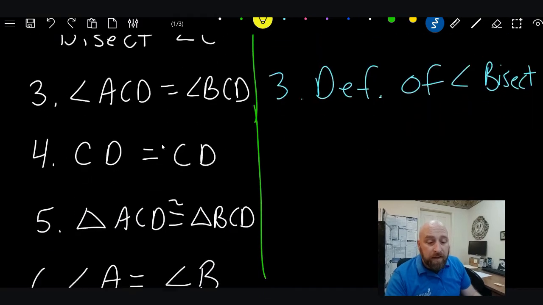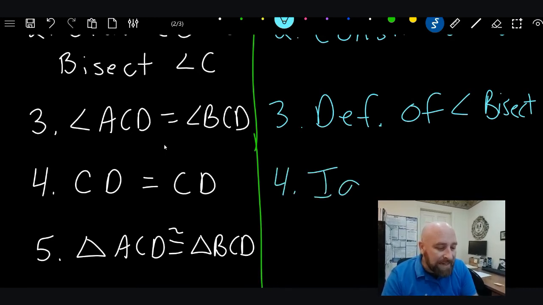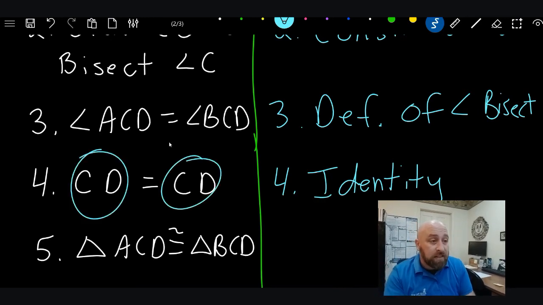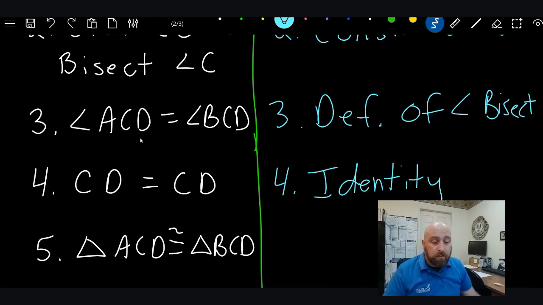So because of that, we need to write that it is equal. And why is it equal? Well, the reason it's equal is because of what we call identity. Identity. It's the same. It's itself. CD is CD. That's like saying 5 equals 5. Of course it does.